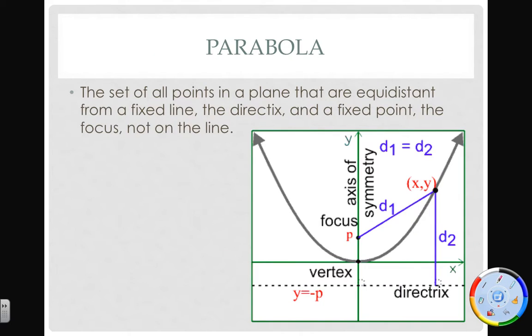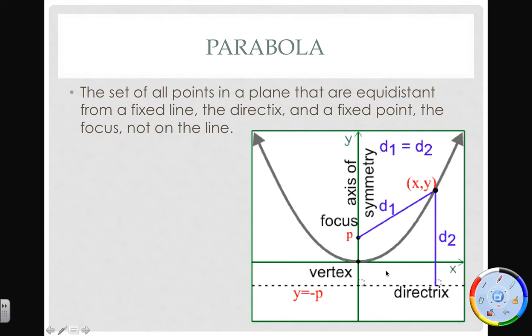So here's what a parabola technically is. A parabola is a set of all points in a plane, like on an XY axis, that are equidistant from a fixed line called the directrix. Right down here is the directrix.